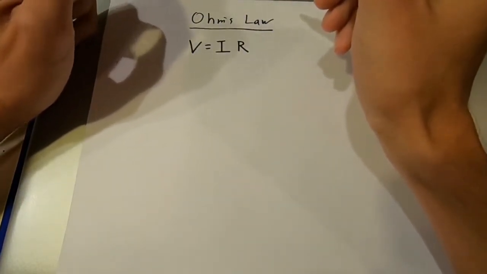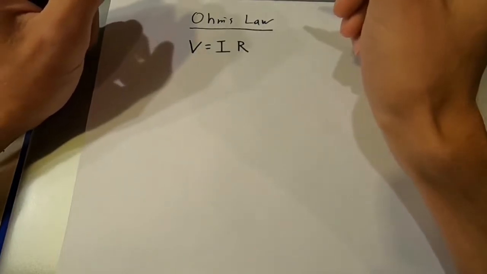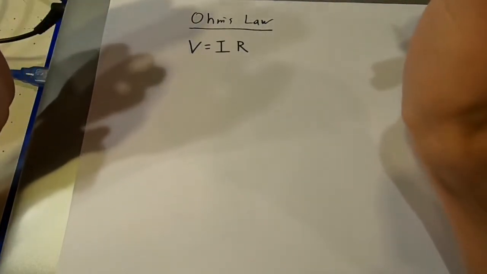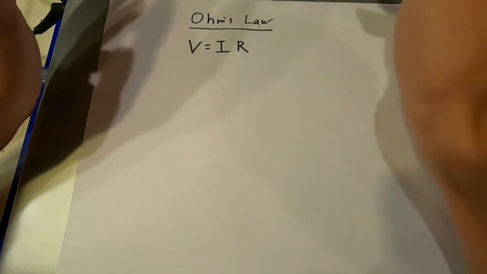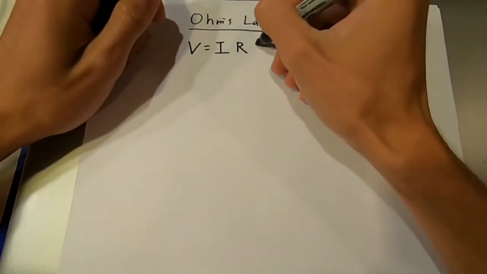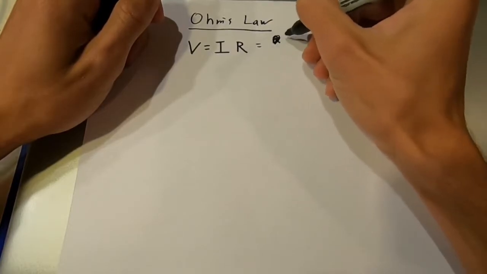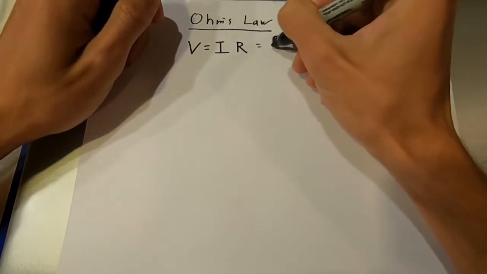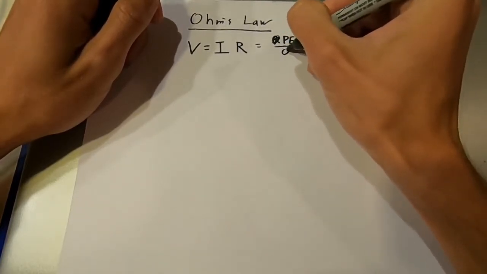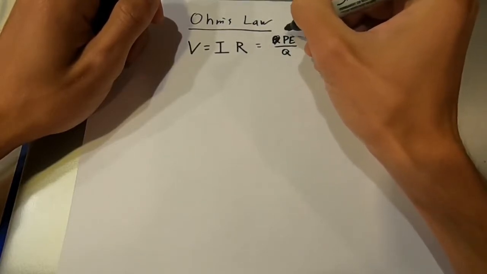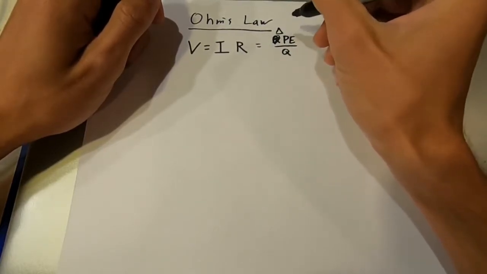So we saw that we can write voltage other ways, being potential energy per unit of charge, or really the change in potential.